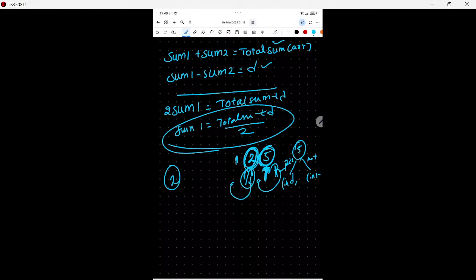By picking, I am reducing the target. This is the non-pick case. For non-pick also you have another two options: you can move to index minus 1, or you can stay there only.